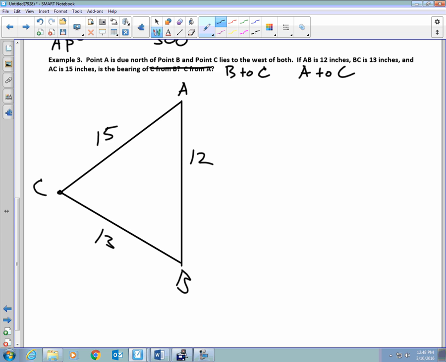Tell me, what do I use? Which requires the law of cosines. Which angle should I solve for? The biggest one, B. Very good. So b squared equals a squared plus c squared minus 2ac times the cosine of angle B.